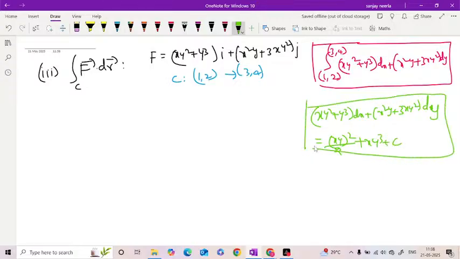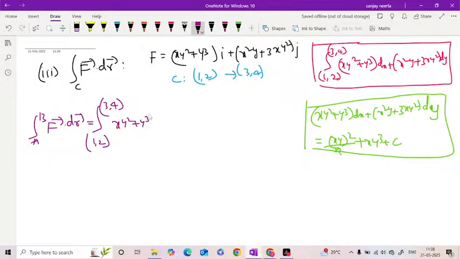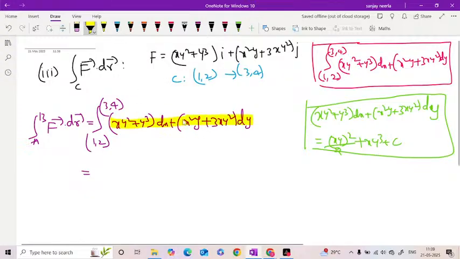So directly, integral a to b of f dot dr is the integral from 1 2 to 3 4 of xy square plus y cube into dx plus x square y plus 3xy square into dy. So this is an exact differential equation.